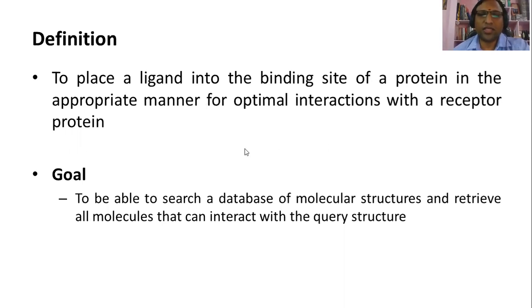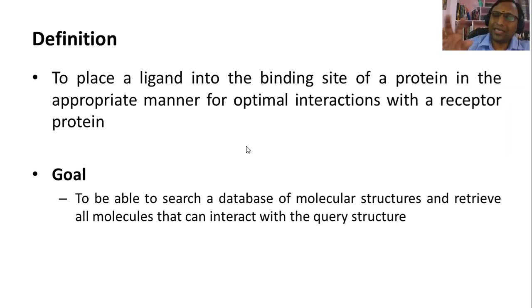So if you see the definition of docking, it is to place a ligand into the binding site of a protein in the appropriate manner for the optimal interactions with the receptor protein. As I said, we are making the ligand. Ligand means a particular chemical molecule. It can be a synthesized proteinaceous molecule, anything it can be.